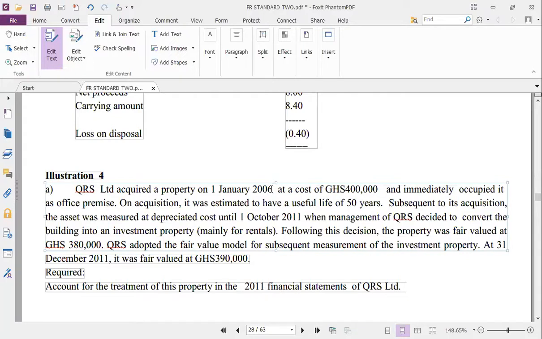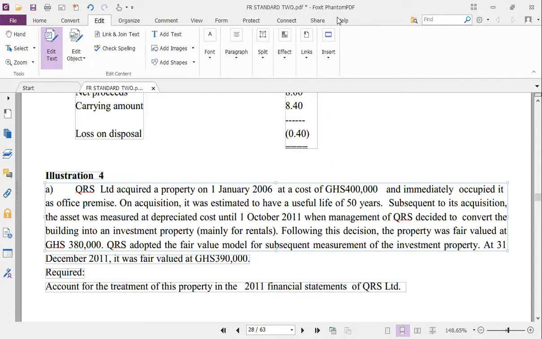So 2011, we are preparing for 2011. The asset was acquired in 2006. So in 2011, the transfer was made when? October. That means from January to October 1st, how many months? So that we depreciate it equivalent.